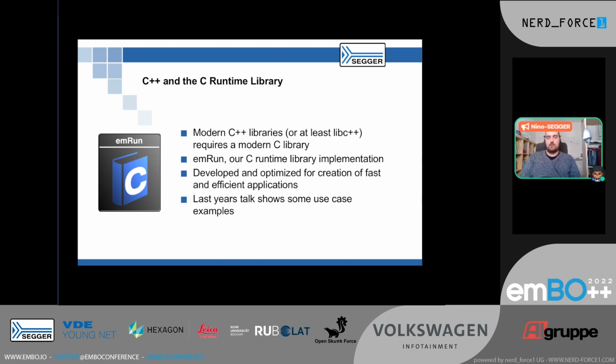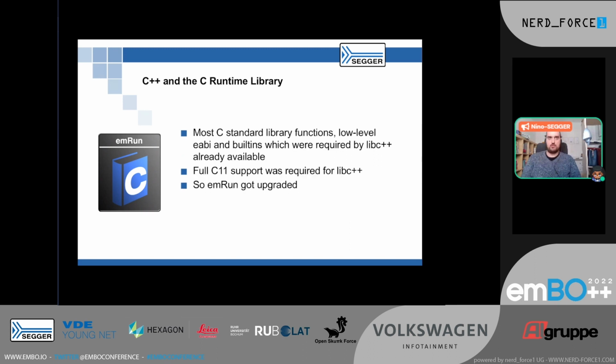And in my last year's talk, you can see some use cases and benchmark performance about it. And luckily, most of the features that libc++ required were already available. But the prerequisite was full C11 support, so C, not C++, C11 support. So we had to upgrade that as well.